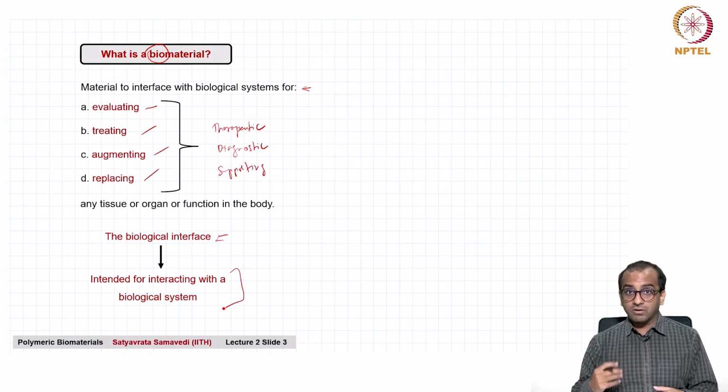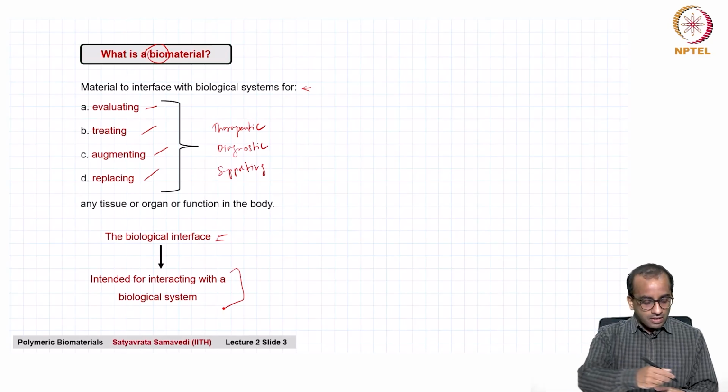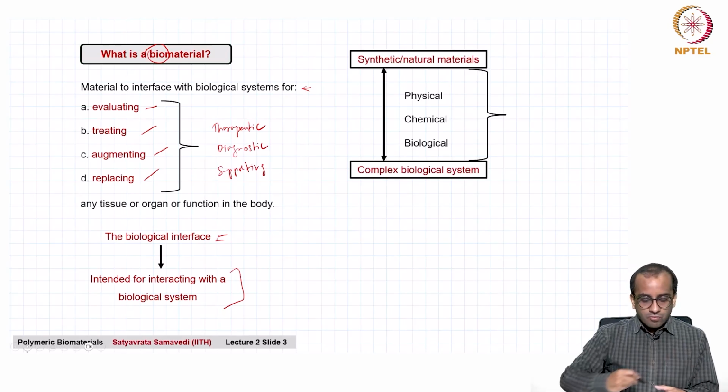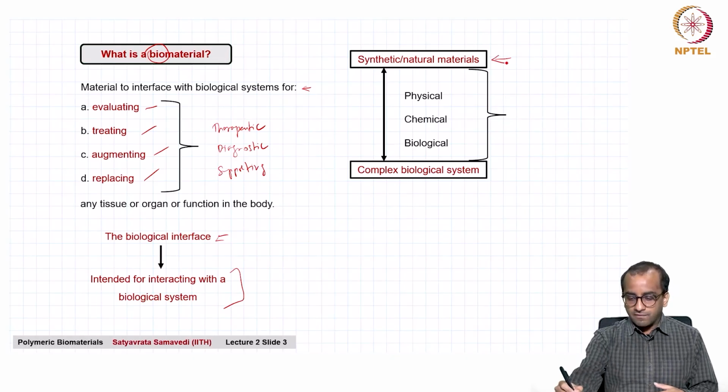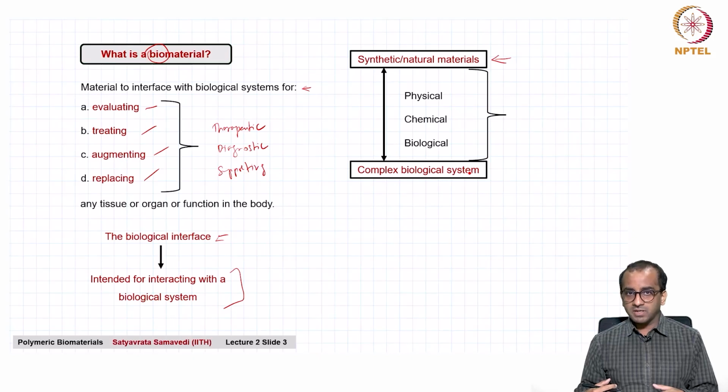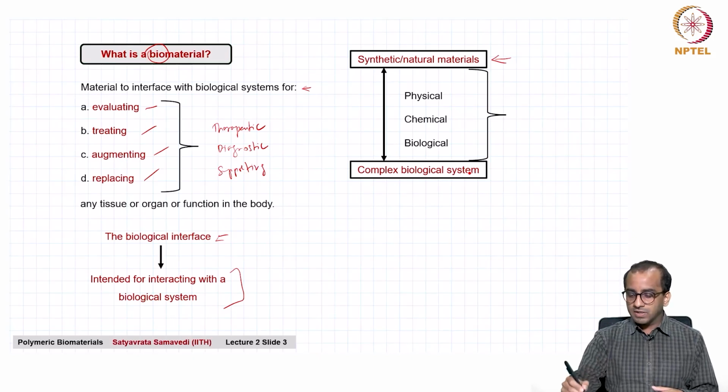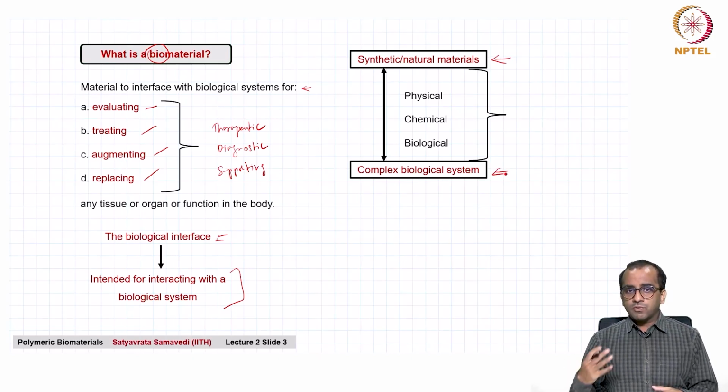So, that is the context in which the word biomaterial must be interpreted. Now, because we are looking at the biological interface and the interactions therein, you can have synthetic and natural materials that are widely used as biomaterials interfacing with what we would broadly classify as a complex biological system.